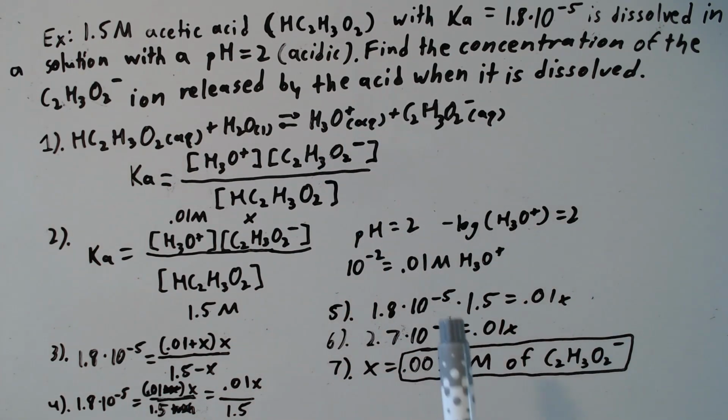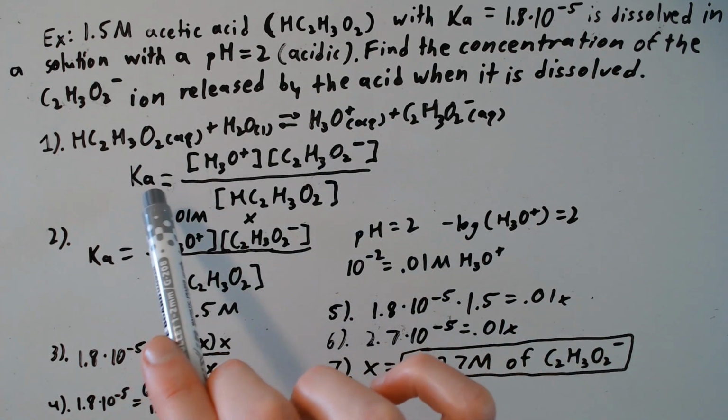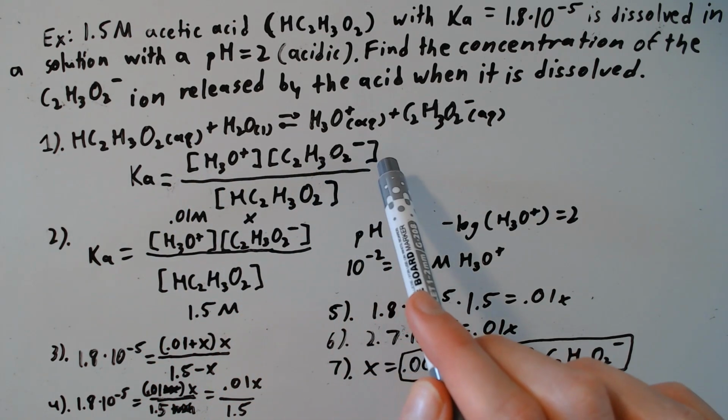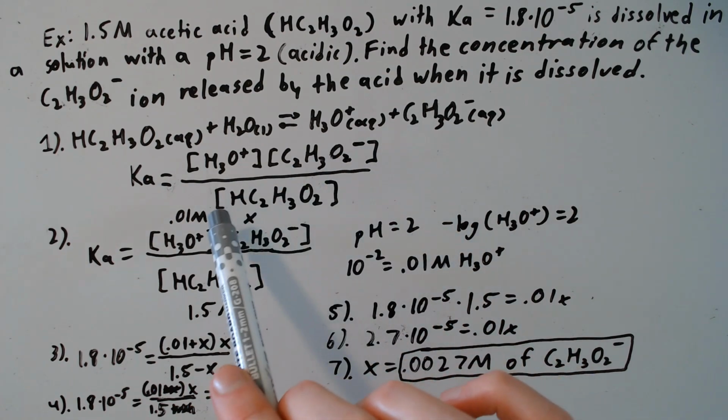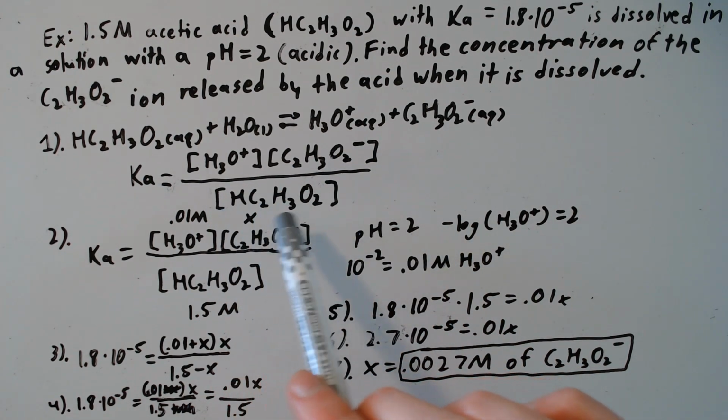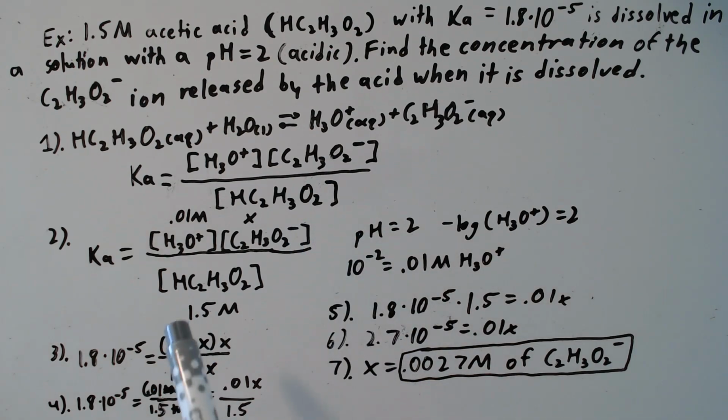And the equilibrium equation for this reaction is H3O+ times C2H3O2- on the top, and the final concentration of the acid HC2H3O2 on the bottom.